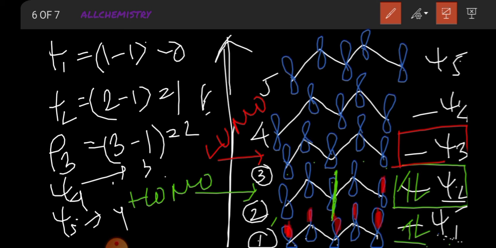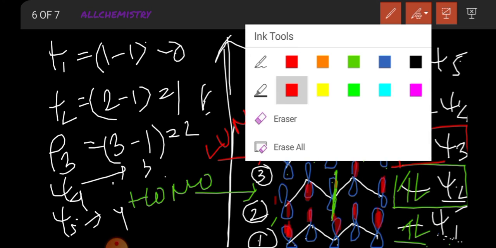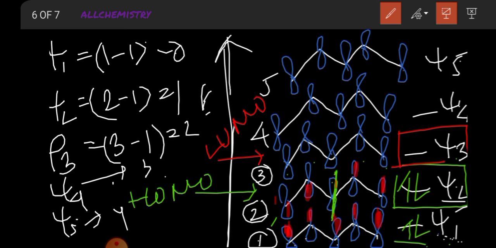Suppose this side is filled. Node is like a mirror, so if I fill this side, on the other side of the node I have to fill the opposite side. In the next level, psi 3, there are 2 nodes. How to put those 2 nodes? We can put them like 1, 2, in a symmetric manner.